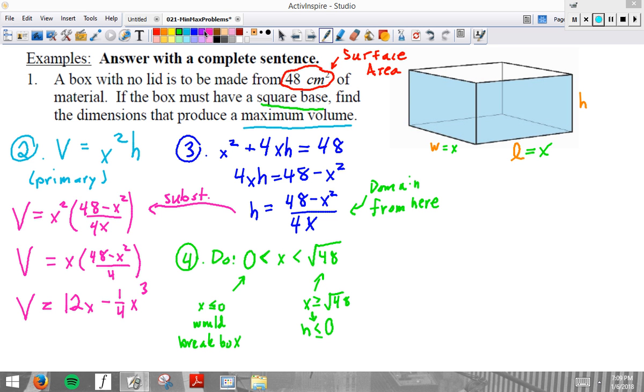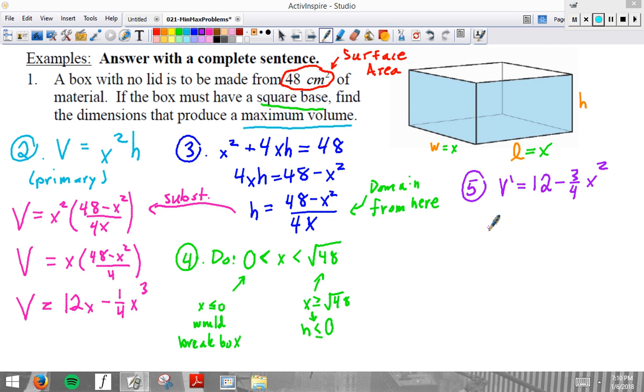All right, it's time for some calculus, finally. So step 5 is all about finally taking the derivative. If I take the derivative of this pink equation here, I would get v prime, the derivative of v, would be 12 minus 3/4 x squared.